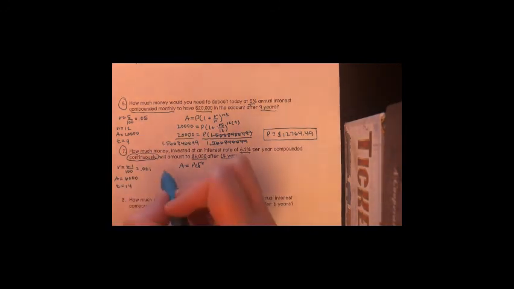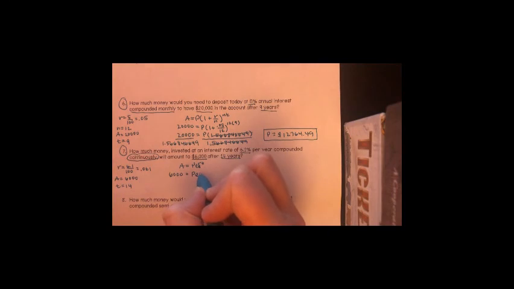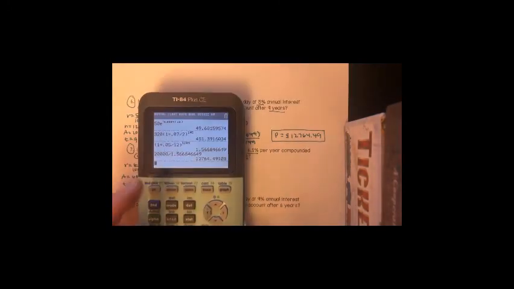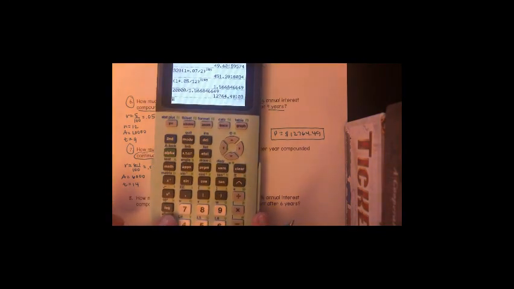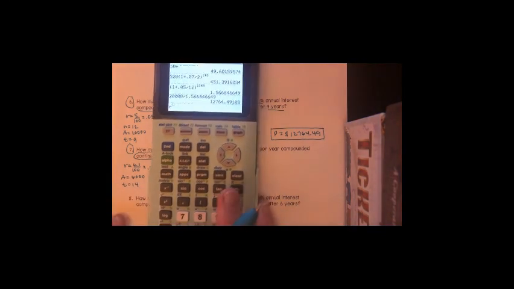So plugging all that in, we have 6,000. P, we don't know what we're starting with. E is just E. R is 0.061 and T is 14. So again, E to the 0.061 times 14 is just a number, so I'll throw that into my calculator. I'll do second and then ln, that'll give me E. And I want 0.061 times 14.